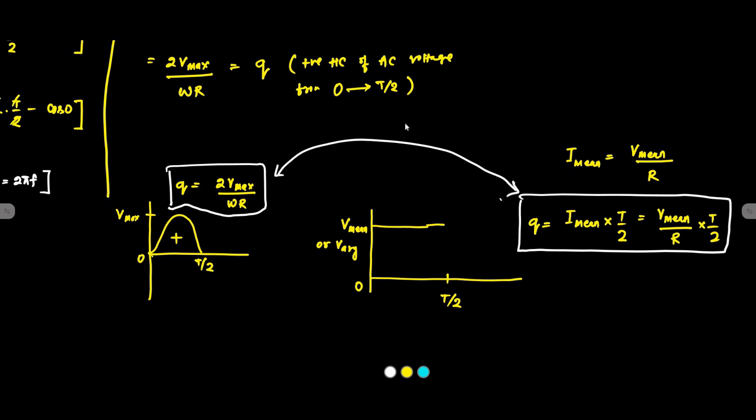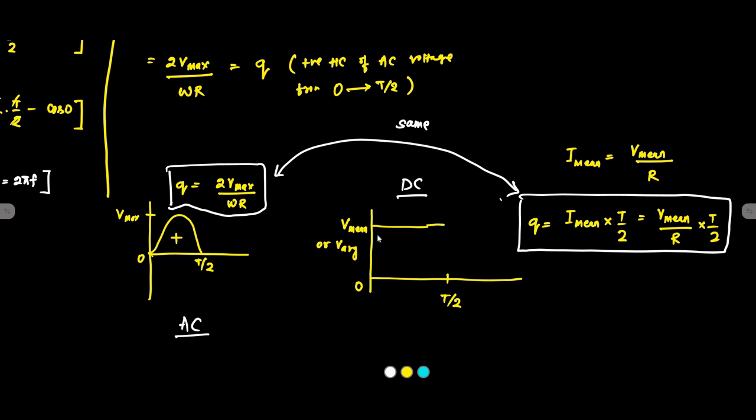It should be the same because we are trying to find out the equivalent DC representation of this positive half cycle of the alternating voltage waveform. Suppose we apply this positive half cycle alternating voltage to a circuit, a certain amount of charge is transferred.